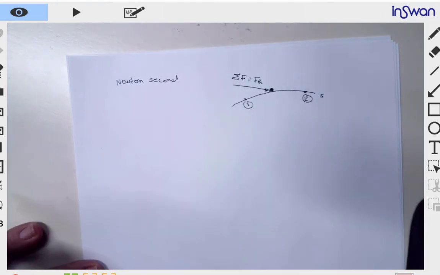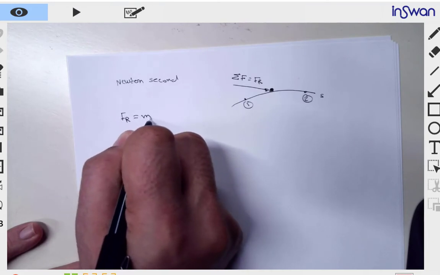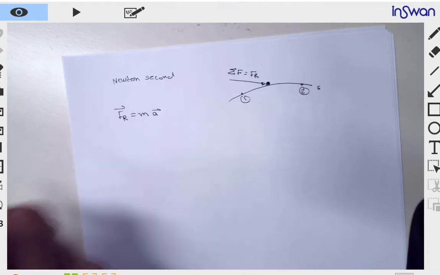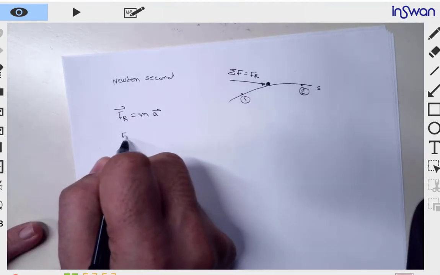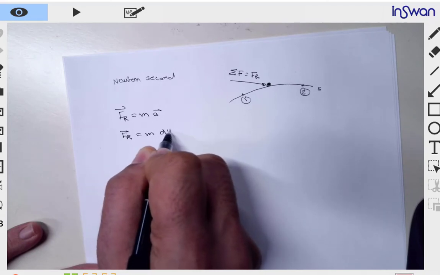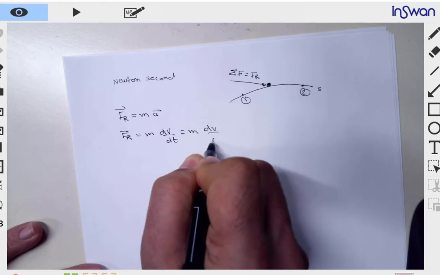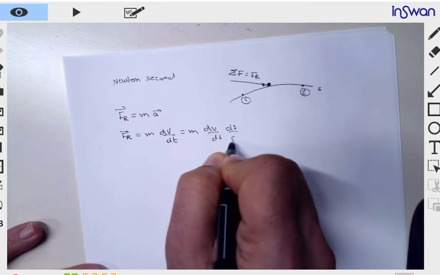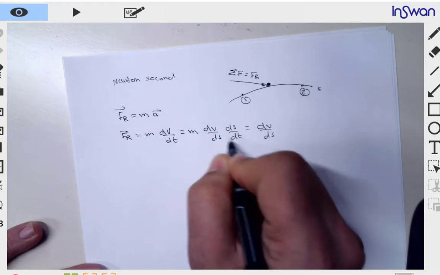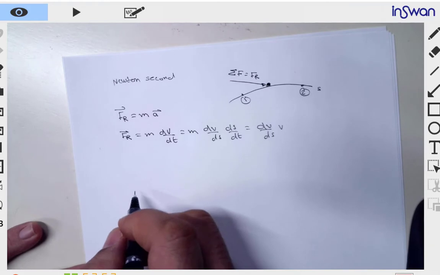So now Fr is equal to ma, and these are vectors. Fr is equal to m dv/dt, or m dv/ds times ds/dt, or dv/ds, and this is going to be v. So this is your v.